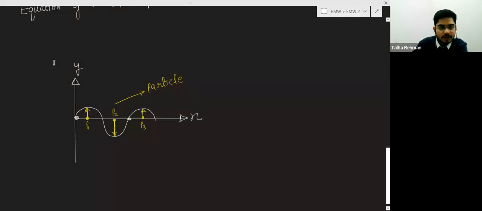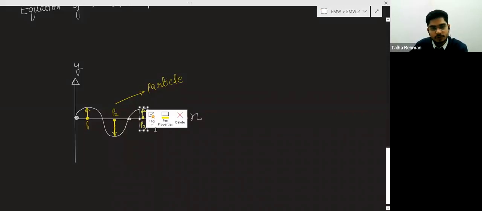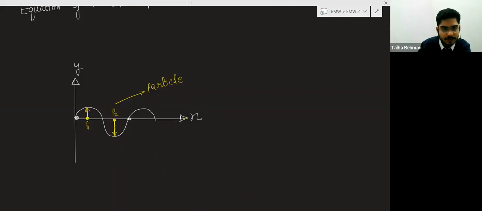So here is y, here is x. At different positions, the displacement of the particle is different. At this x the particle has this much displacement, at this position the particle has this much displacement. If you take a particle here, suppose this is particle P3, the displacement of the particle will be this.